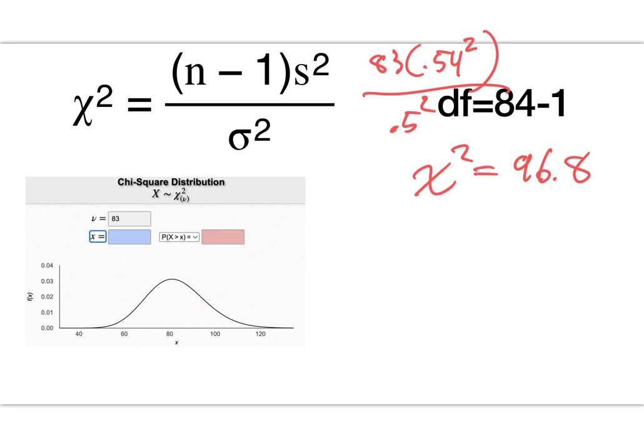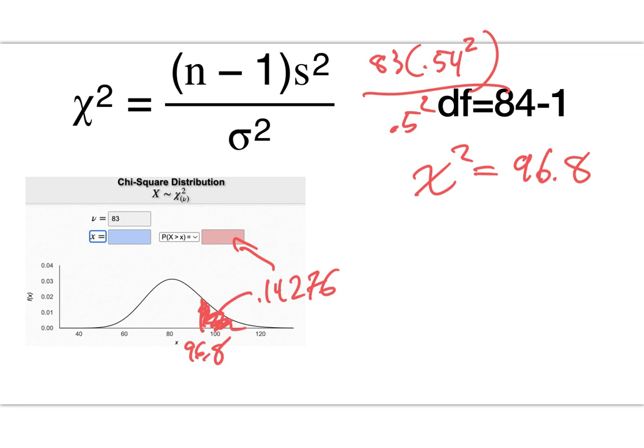Here is 96.8. This area is 0.14276. That's what came in this little red box there. And then I'm hoping in your heads you're instinctively going, I do not reject the null.